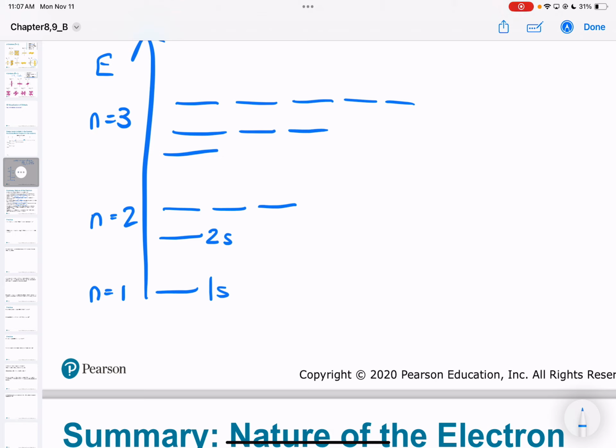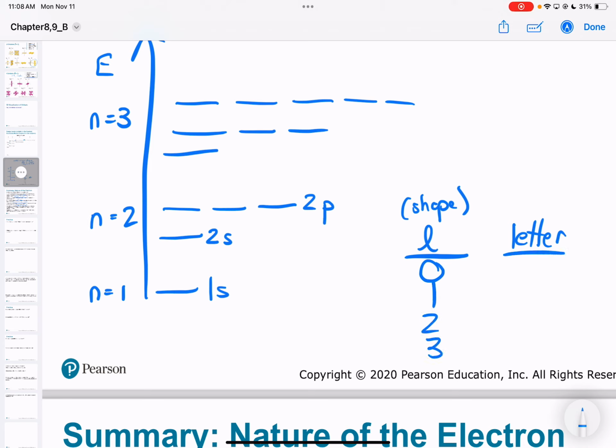They all end at a particular distance out from the nucleus. The letter tells us what shape they are. And remember, that is associated with the quantum number L. So n is the distance out from the nucleus. L is the shape. We'll just put that up here.